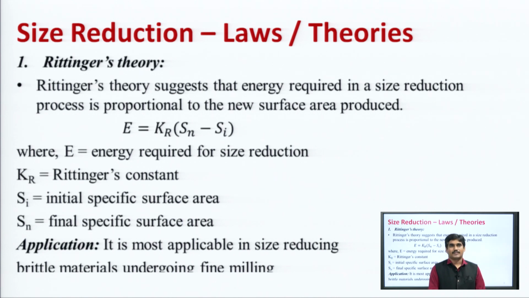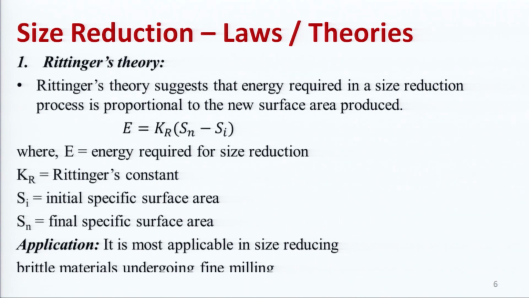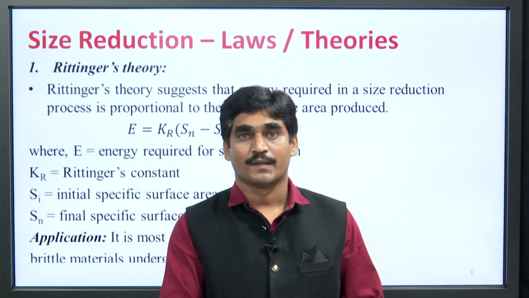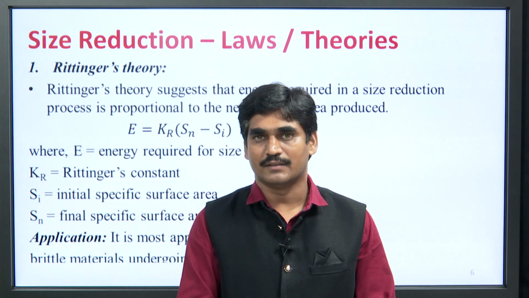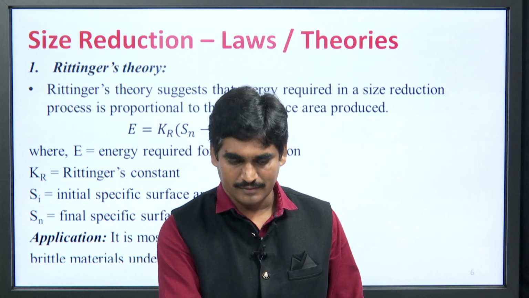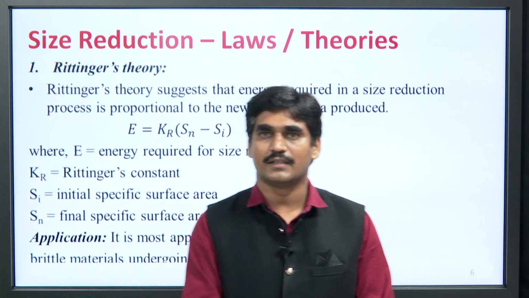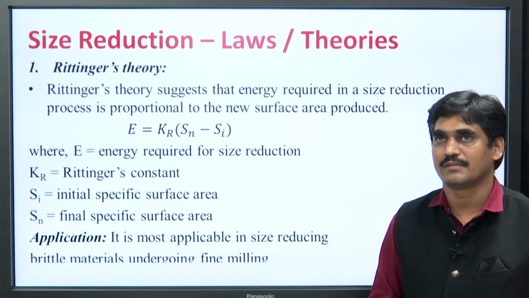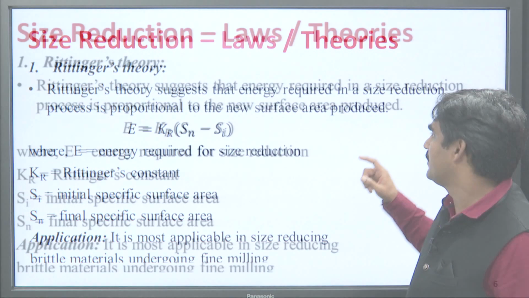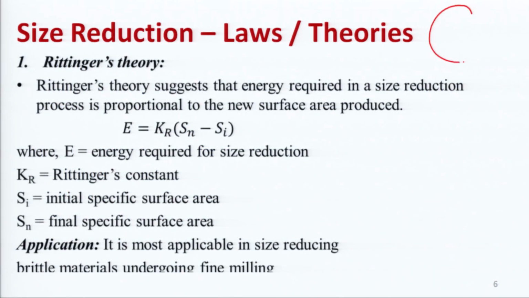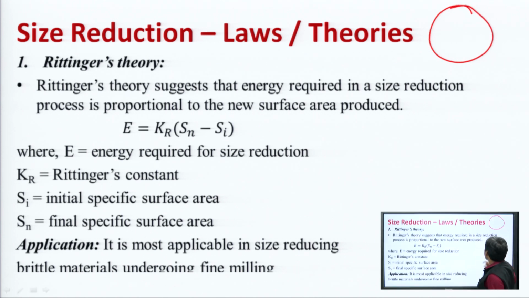Now, next come the different laws or theories which are involved in the size reduction process. So, first theory is Rittinger's theory. Rittinger's theory suggests that energy required in a size reduction process is proportional to the new surface area produced. That means, suppose this is the actual surface area, after size reduction this changes to this size.